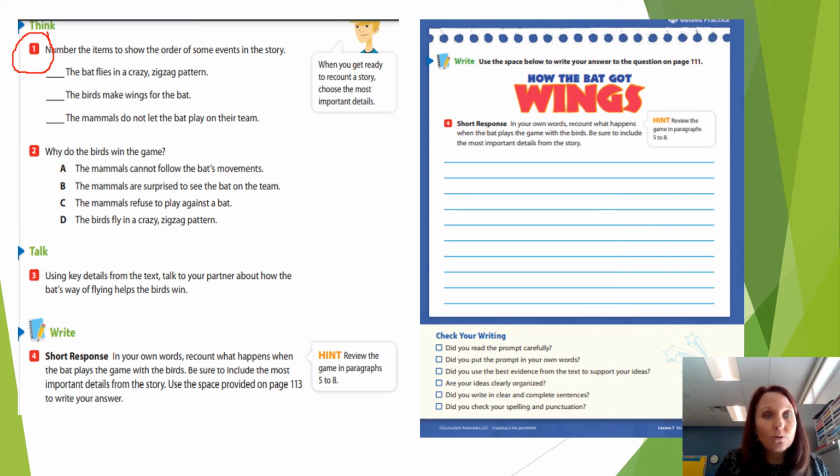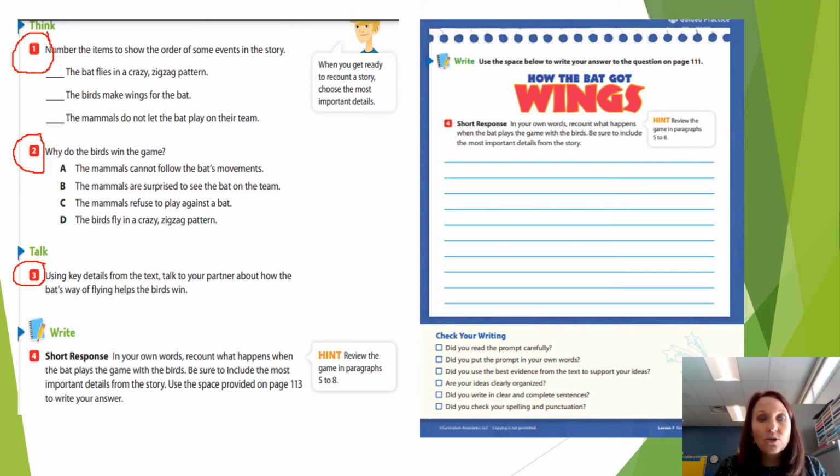Then number 2 just has a question: why do the birds win the game? Number 3 is a talking question that is very important to do even if there isn't anybody to talk to. When you speak out loud, you hear yourself thinking out loud, and sometimes you catch things that you might not have noticed if you didn't say it out loud.